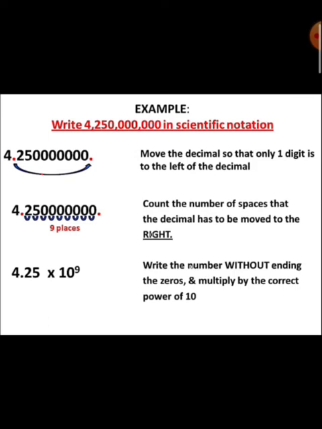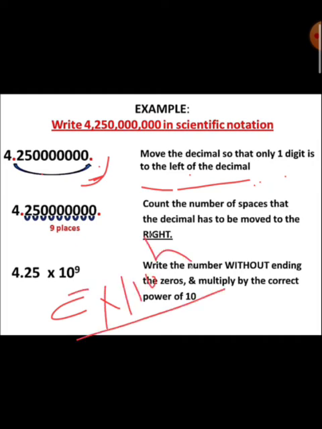Look, after the number we can use the decimal. Move the decimal so that only one digit is to the left of the decimal. So we can write the decimal here, and in this form C multiplied by 10 power n, C is a real number, only 1 to 9, not 10.